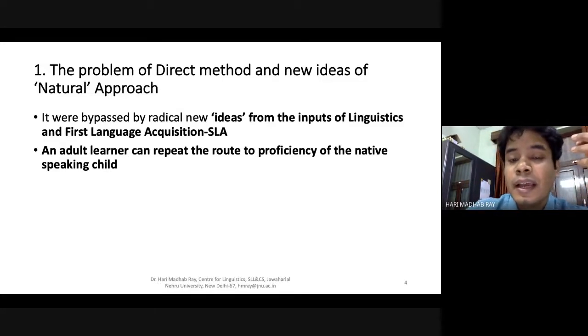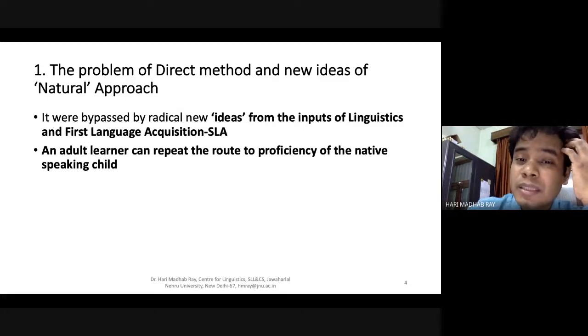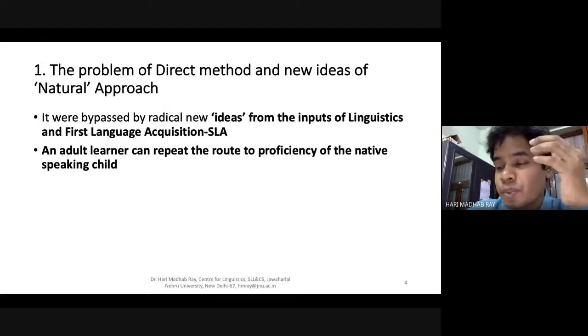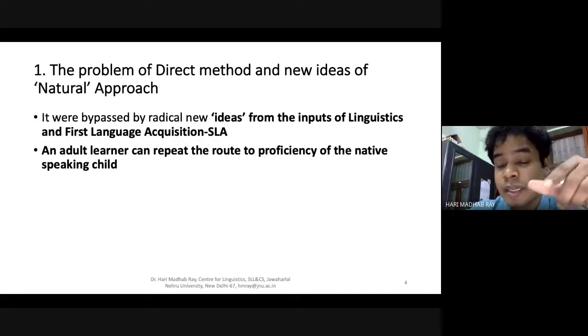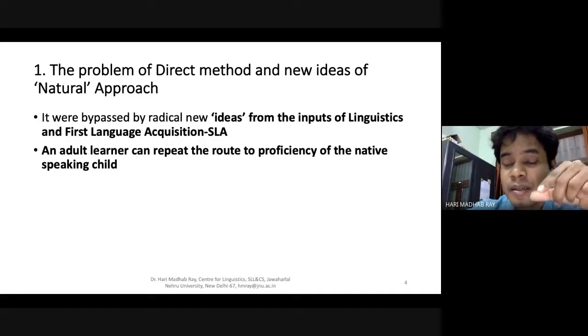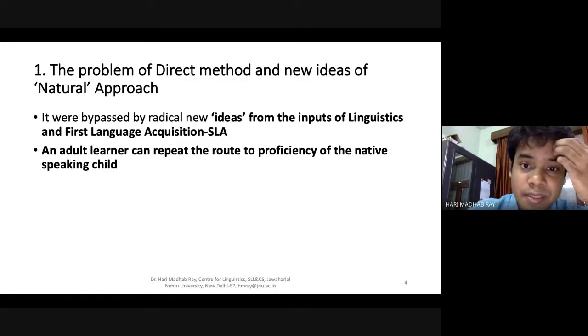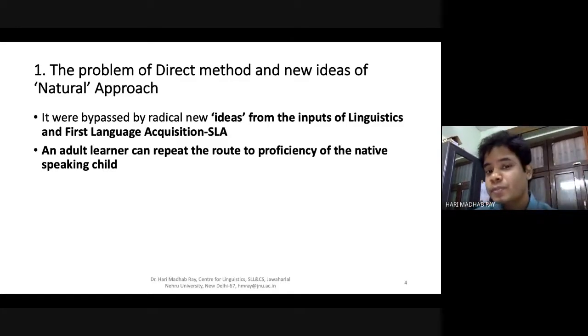And earlier in the direct method, if a learner was making mistakes, the teacher would tell him immediately, no, this is a mistake, don't commit the mistake. Now they're saying that yes, mistakes are fine, you see.